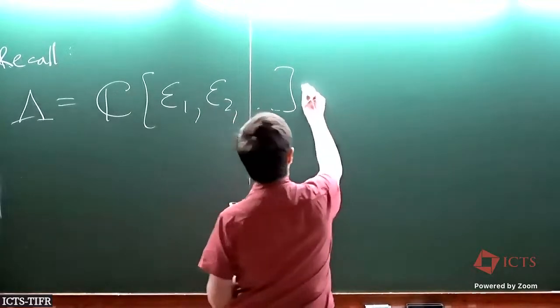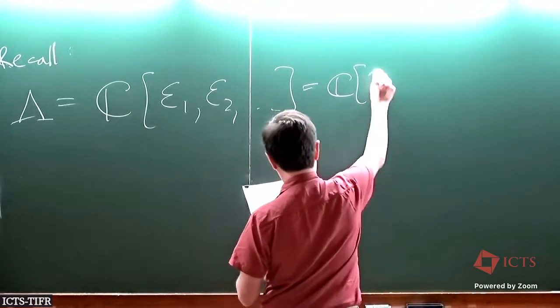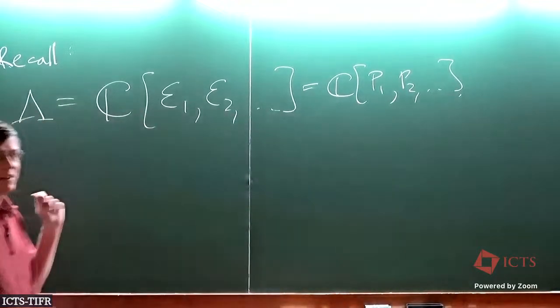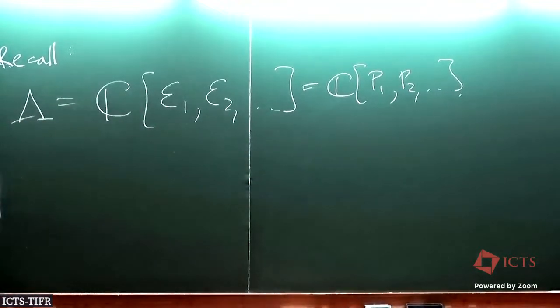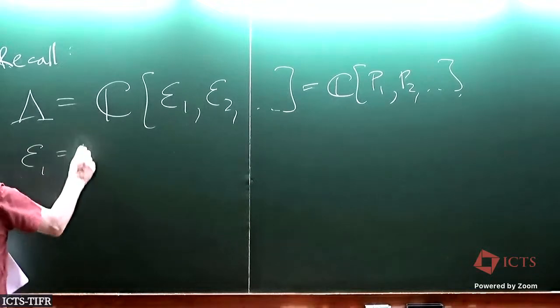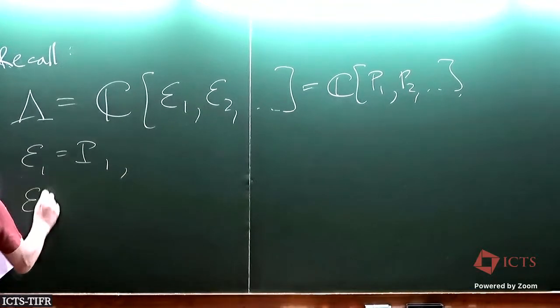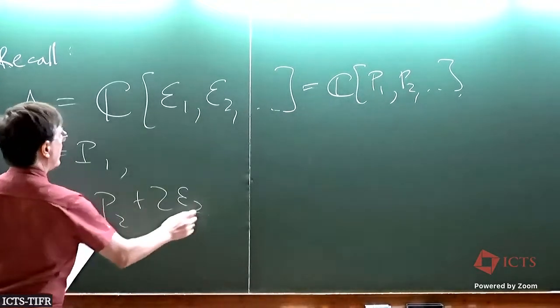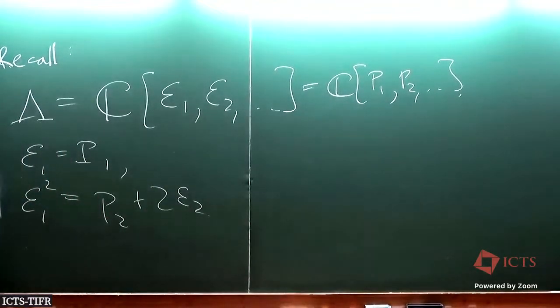It's also a polynomial ring in the p's. In particular, you can get one from the other. E1 is P1. I'll mention E1 squared is P2 plus 2E2. And from that, of course, you can solve for P2 in terms of the e's and E2 in terms of the p's.